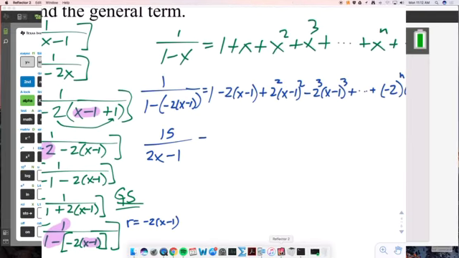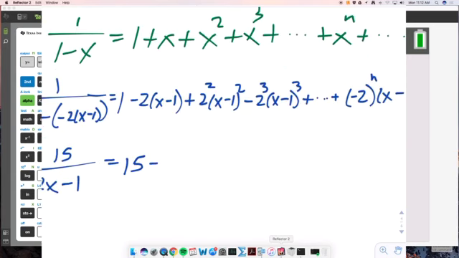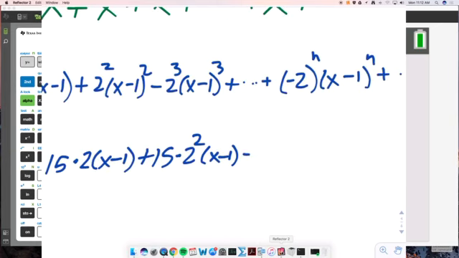15 over 2x minus 1 is now equal to 15 minus, I'm just going to call it 15 times 2 times x minus 1 plus 15 times 2 squared times x minus 1 squared, minus 15 times 2 cubed times x minus 1 cubed.